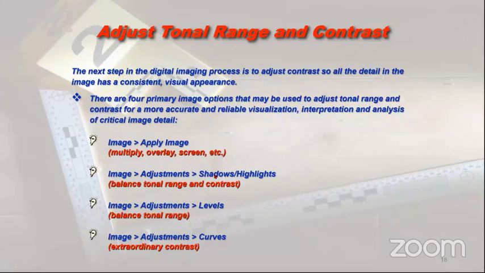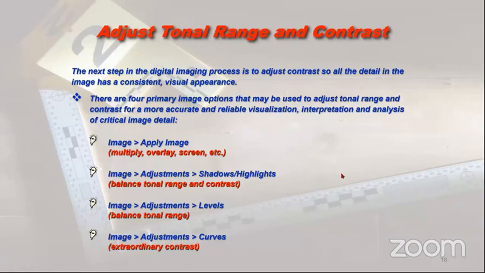Now, some people still want to use brightness and contrast, and while it's not my tool of choice, I'm not going to disavow the ability to use it. I just simply would caution you to use it only with severe caution. It's not going to provide you the degree or the contrast of results that you can get with something such as shadows and highlights.